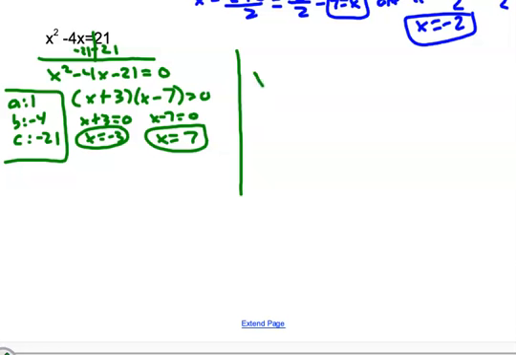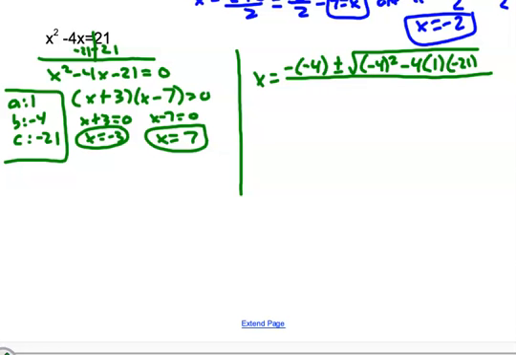Here's the quadratic way. X is equal to negative b, that's negative 4, plus or minus the square root of negative 4 squared, in parentheses, minus 4 times a times c is negative 21. All of that is over 2 times a, which is 1. So x is equal to positive 4 plus or minus the square root of positive 16.